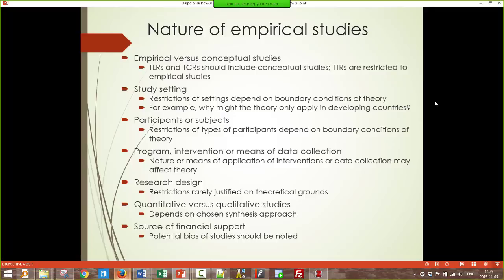Because when you include developed countries, then you can find what studies people have done in developed countries, and you can look at those results and see, well, these results might also apply in developing countries, but some other results might not apply. And you have your reason for saying that. But if you don't even know what people have studied in developed countries, then how do you know if it applies or not in developing countries?